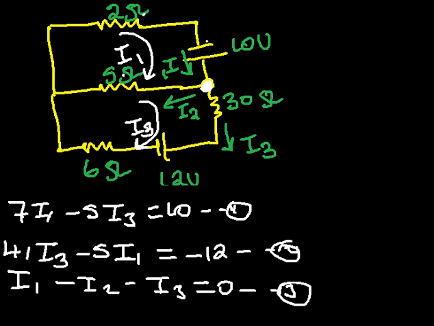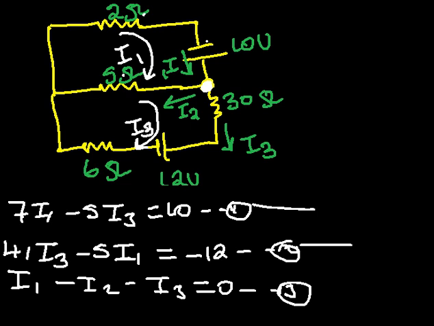If you have a negative current, it means the direction was supposed to be the other way round. So keep that in mind. In this case, you'll be able to solve it on your own. Solve equation 1 and equation 2 simultaneously, and having that, you substitute into equation 3 to solve for I2. That's how you should get it.